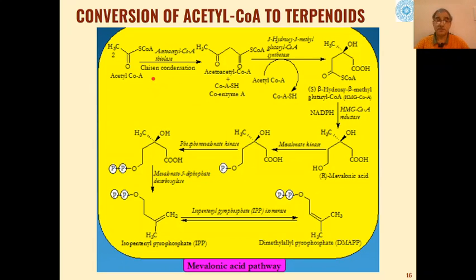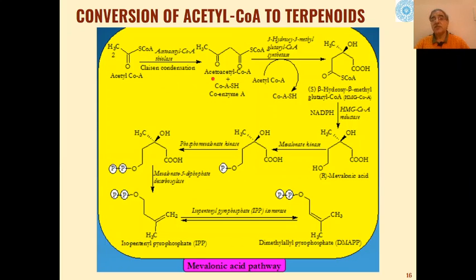For example, in the first step, two molecules of acetyl coenzyme A will undergo Claisen condensation in the presence of the enzyme acetoacetyl coenzyme A thiolase, and we will get acetoacetyl coenzyme A, and one molecule of coenzyme A will be eliminated from here.